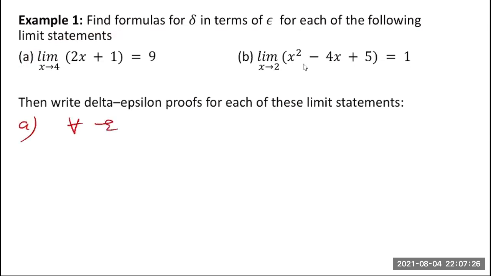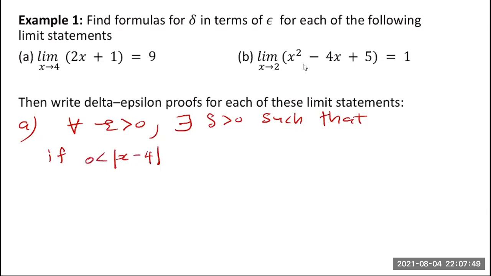For all epsilon greater than 0, there exists delta greater than 0 such that if the absolute value of x minus 4 is greater than 0 and less than delta, then the absolute value of 2x plus 1 minus 9 is less than epsilon.